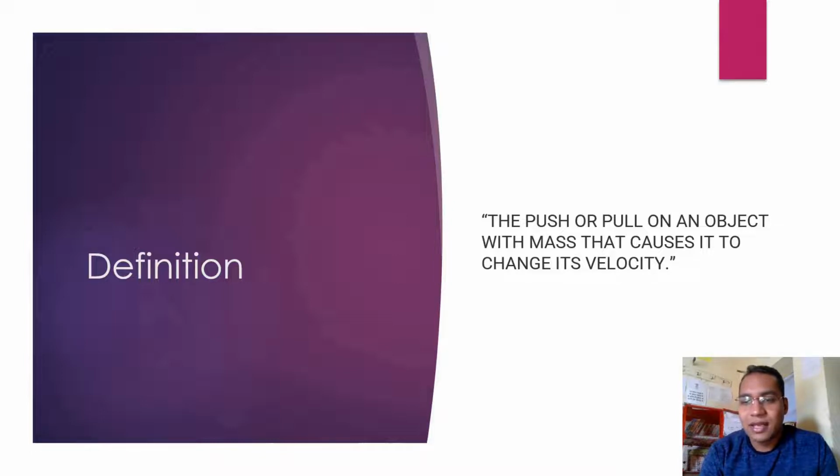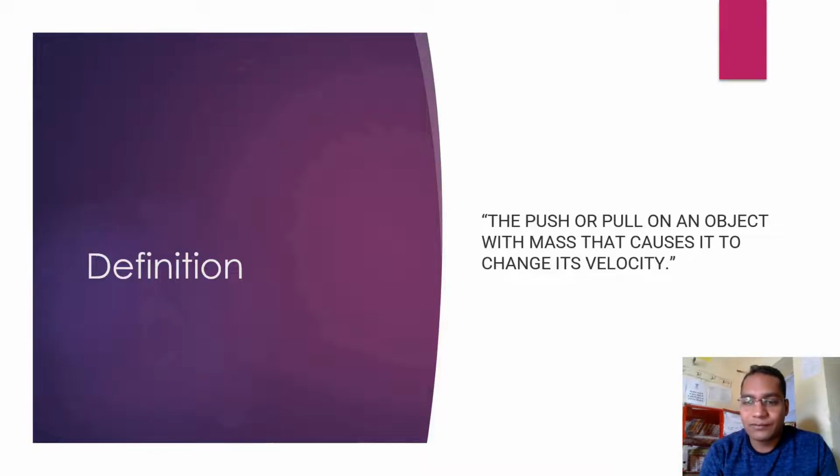If we are pushing or pulling any object with any mass, then this push or pull should change the velocity of the object. So the definition again: the push or pull on an object with mass that causes it to change its velocity.